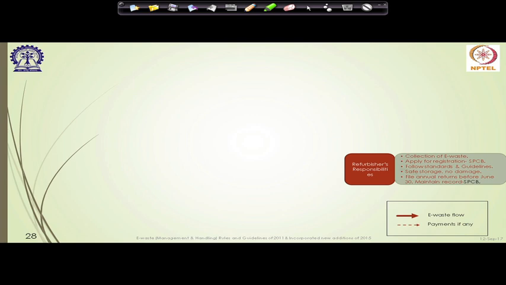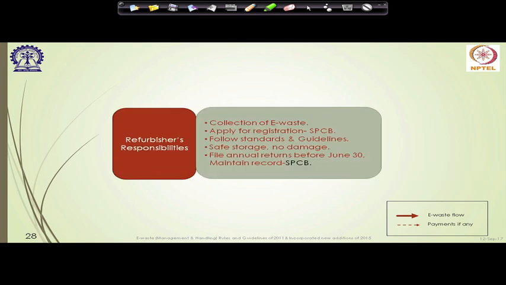Then the refurbishers. What they have to do is collect e-waste and apply for registration. You cannot just become a refurbisher. That is what is happening these days, isn't it? There are people in society who take old electronics, and out of 3 computers, whatever part is not working, they will get that part from the other 2 computers.